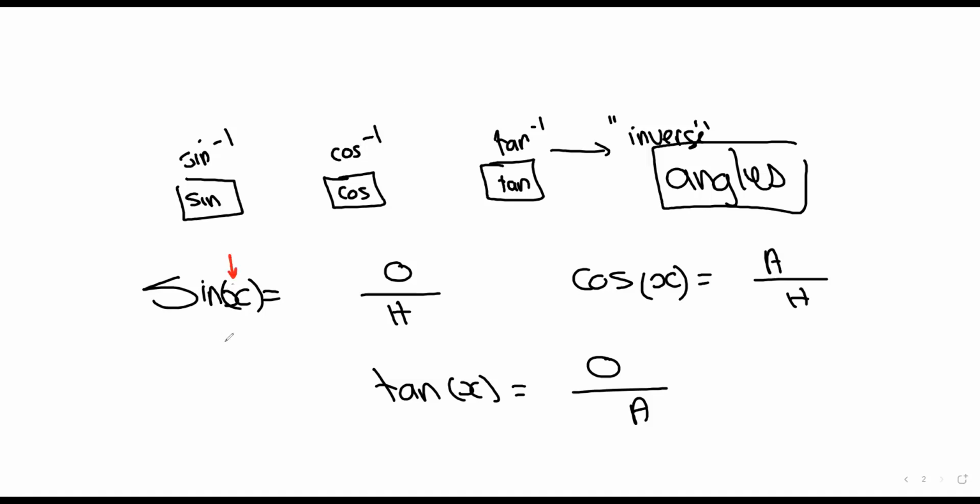I want the angle itself. So all I'm going to do is remove the sine from this side and place it before the fraction as sine inverse. So x is sine inverse O over H.